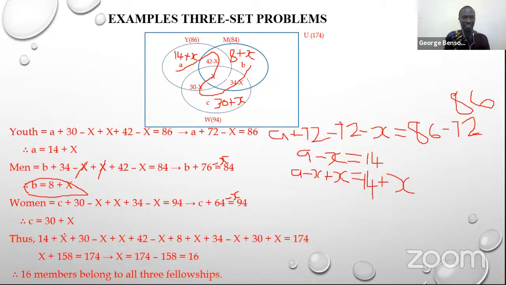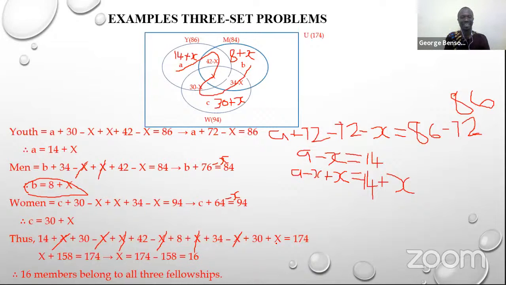We have a positive x here and a negative x, so this x and this x will cancel. Then another positive x and another negative x will also cancel out. Then a positive x and another negative x will cancel. So we are left with only one x.